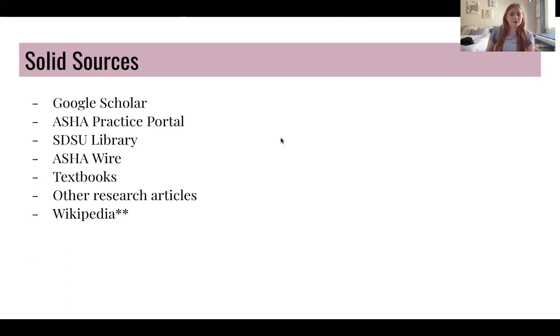Another really great resource is the ASHA practice portal. So if you just Google ASHA practice portal, it'll pop up this page of every single speech thing you could ever be interested in. And you can click on any of them. And as you scroll through, it'll give you tips for what your range of practice should be, how you should assess, how you should treat people who you might need to work with.